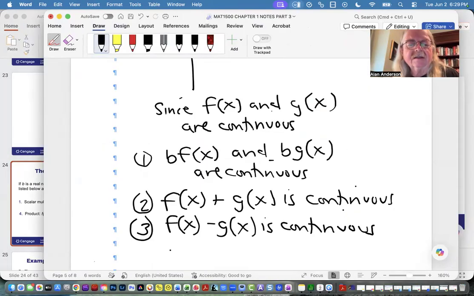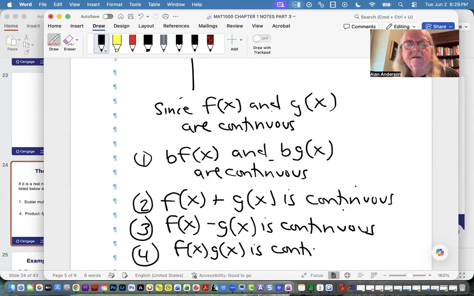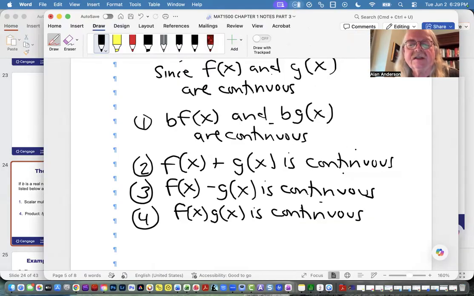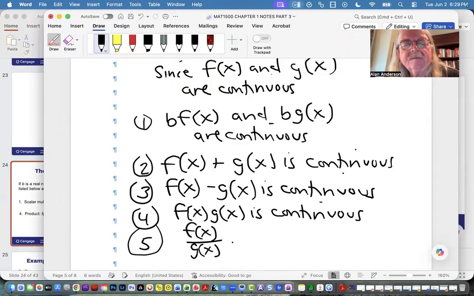Four, their product is continuous. Okay, five, the quotient is continuous. Of course, that implies that we may not allow g of x to be zero. We'll just add that at the bottom here.